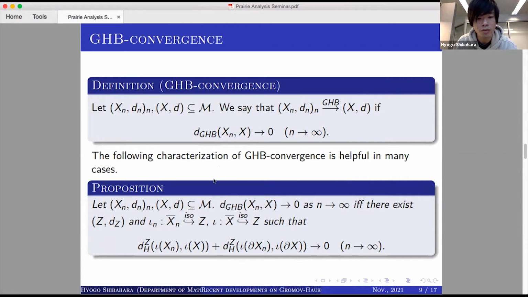And there's a characterization of this convergence. If we just have this property, then it's kind of hard to deal with the convergent sequence.